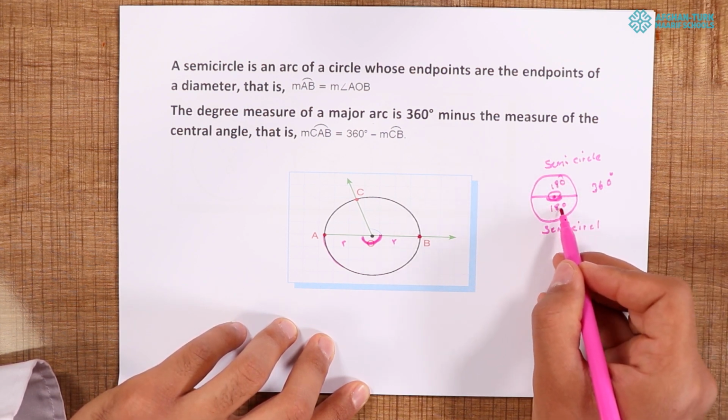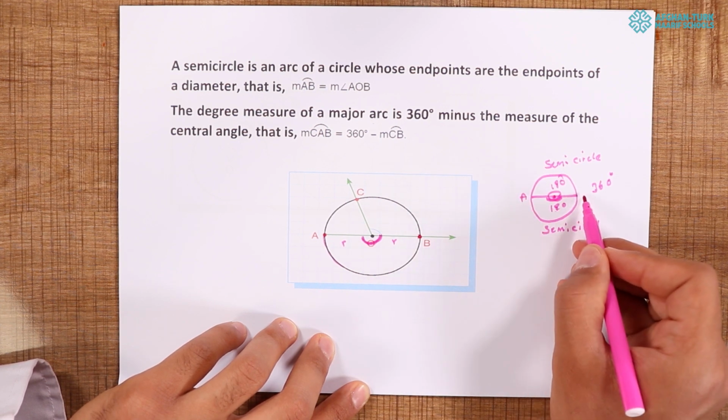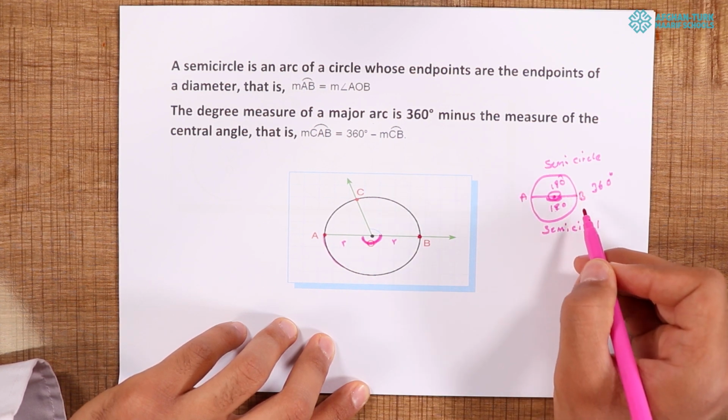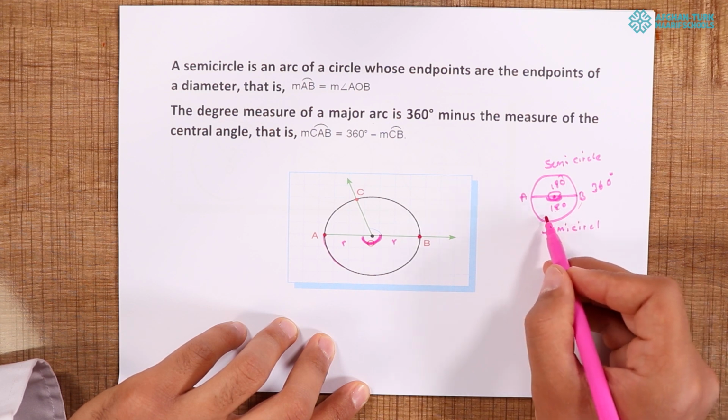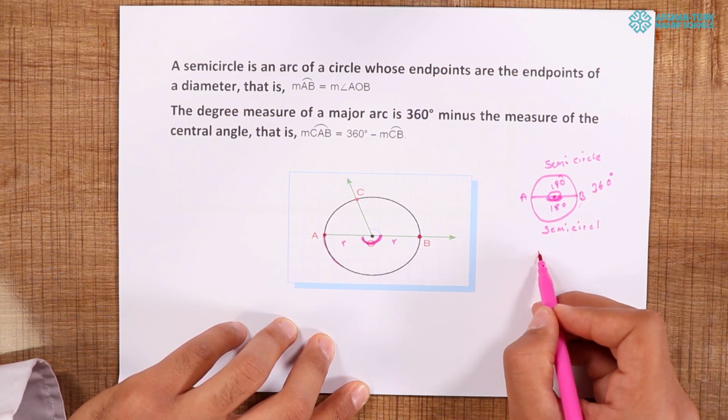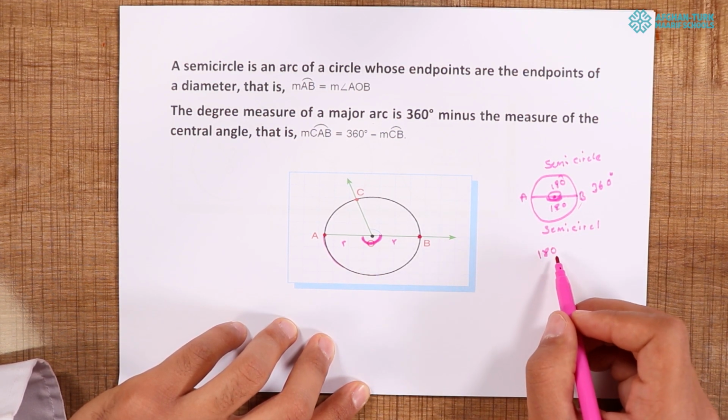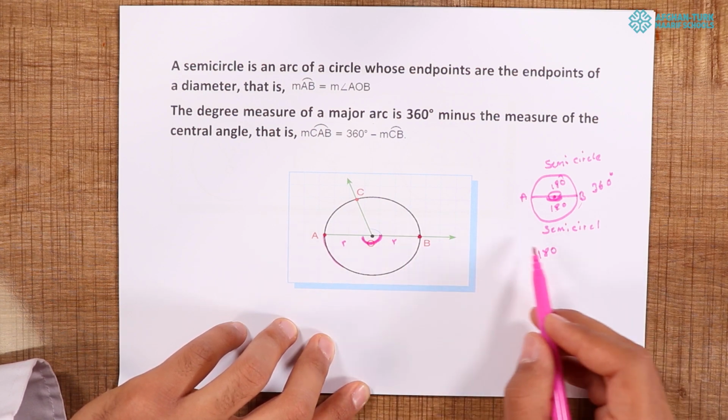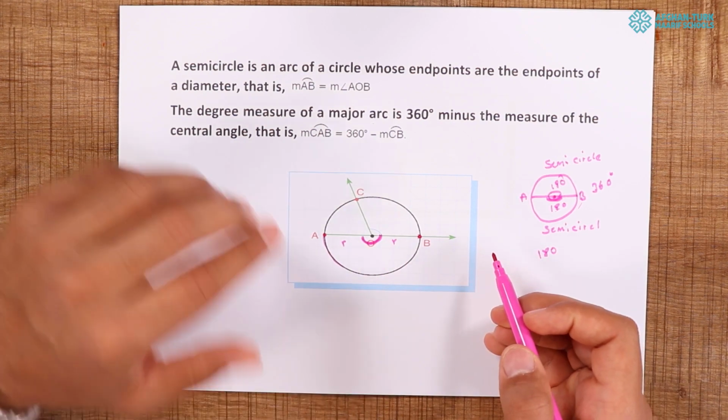So this semicircle arc AB is also 180, because the measure of the arc is equal to the measure of its central angle.